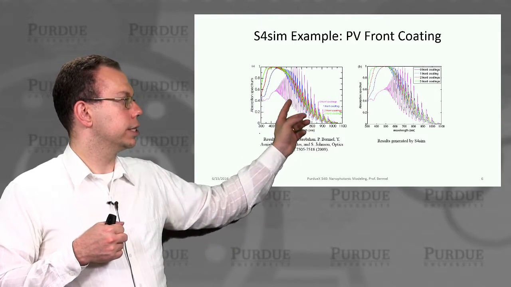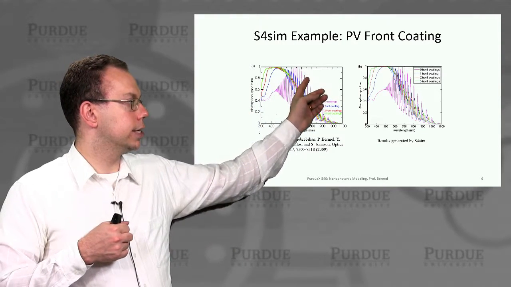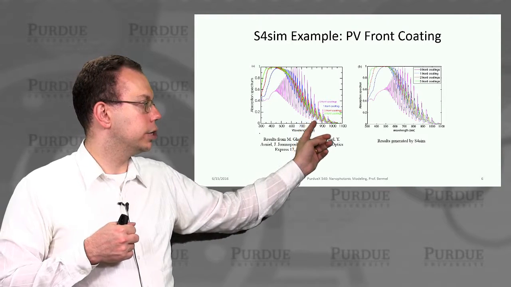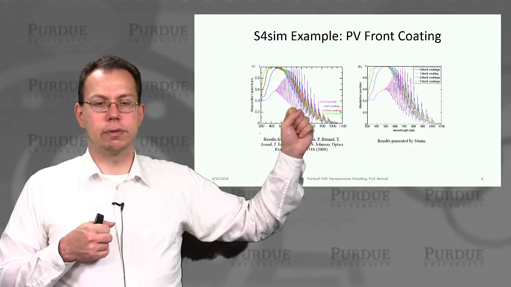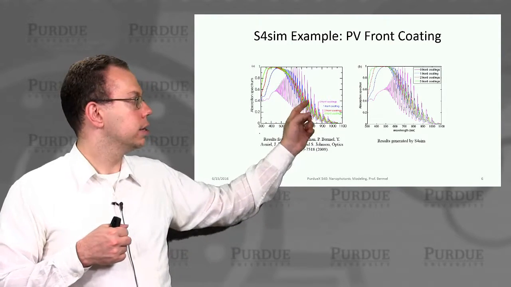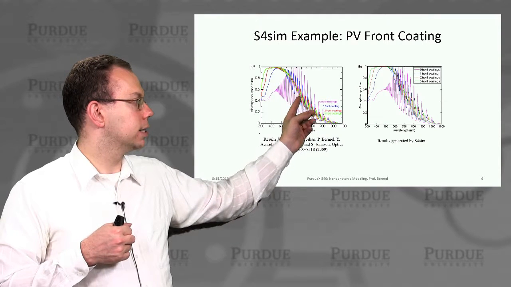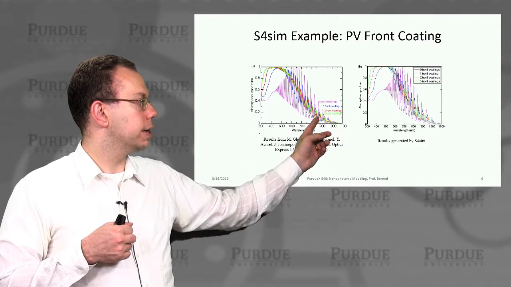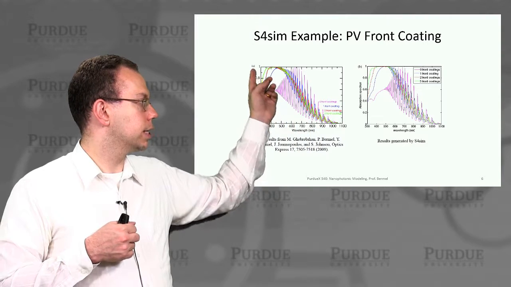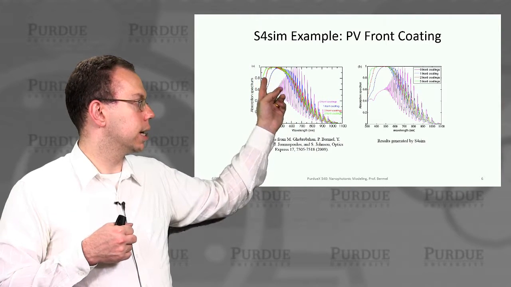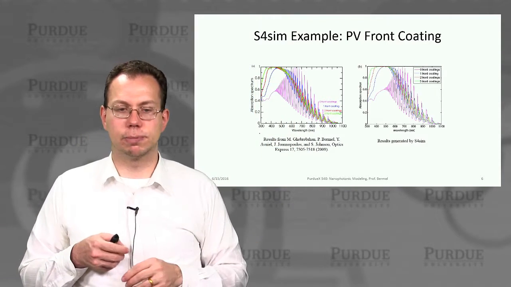One front coating, like I said, is the industry standard. And then what if you add 2 or 3, that's in red and green respectively. You can see that you get a better response a little bit here in the longer wavelengths, but especially in the shorter wavelengths, you get much better response, greater absorption.